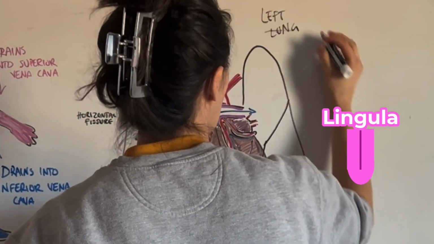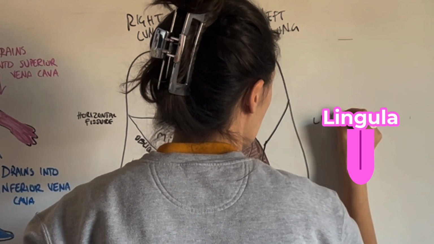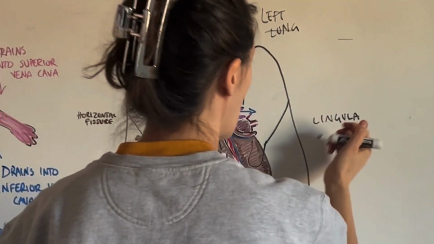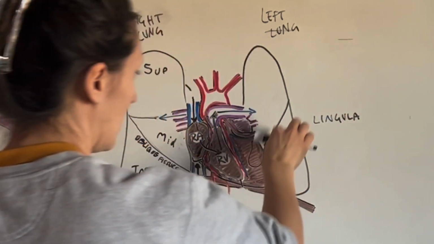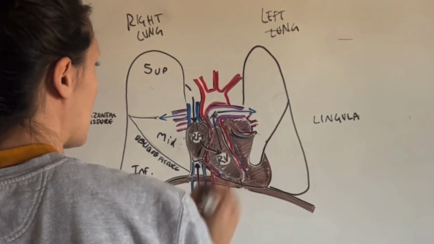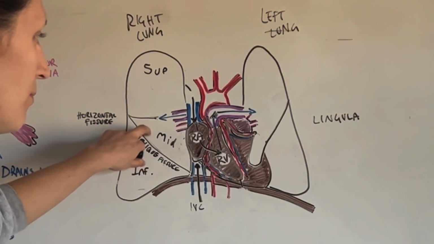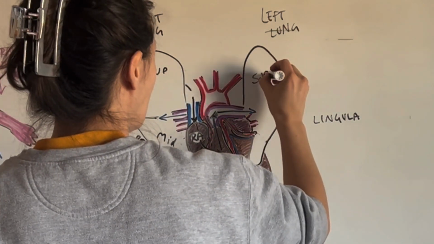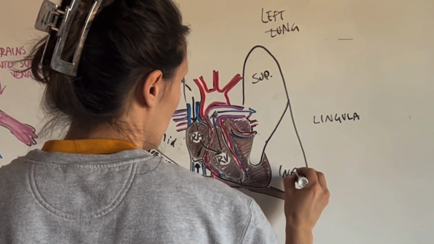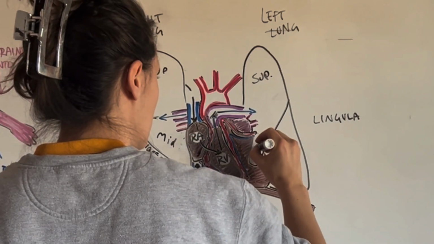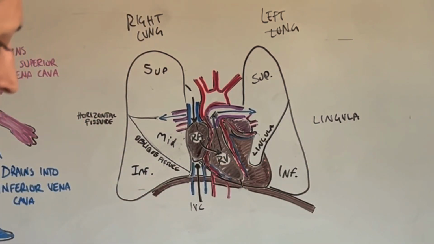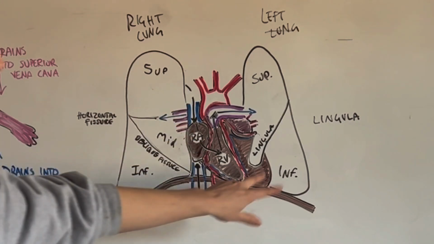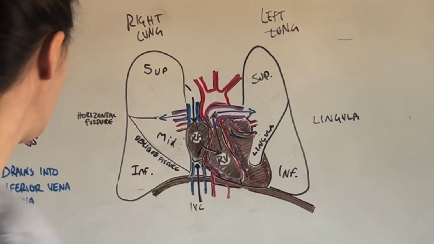Left lung has a lingula, like lingual, like language, tongue. Lingula licks the heart. It's like it was trying to make a middle lobe, never got around to it. So it just has a superior lobe, an inferior lobe, and a little nub called the lingula that licks the heart. And that is the left lung. 2 lobes plus a little lingula.